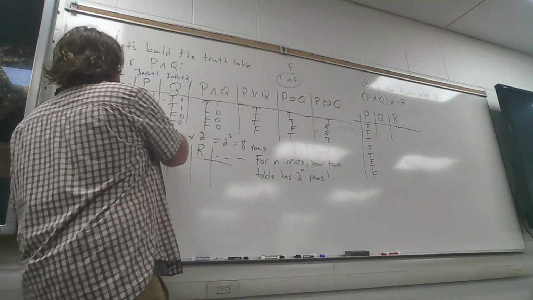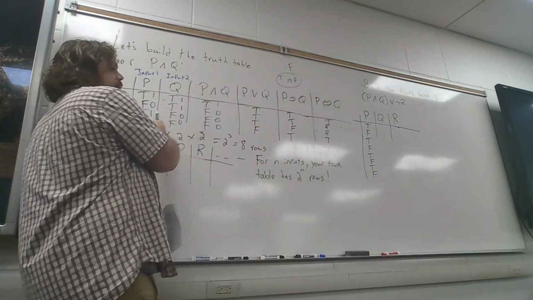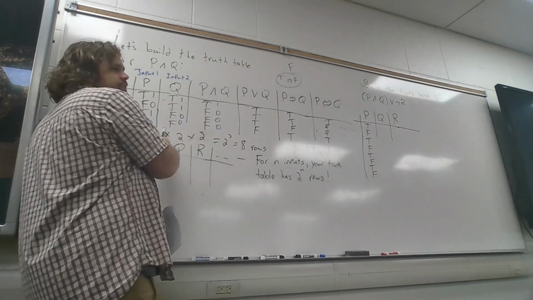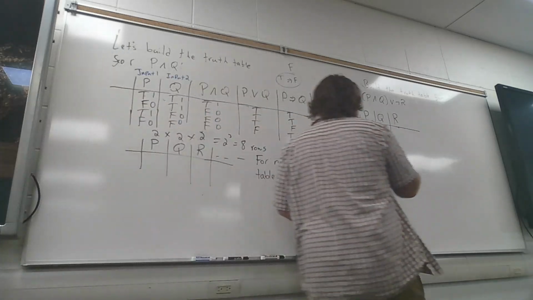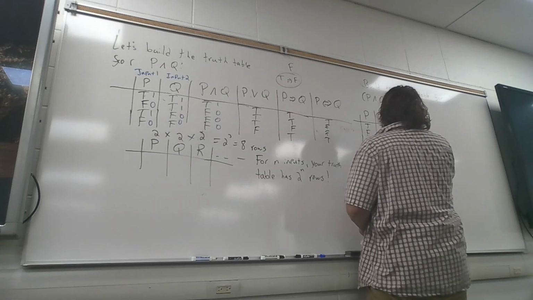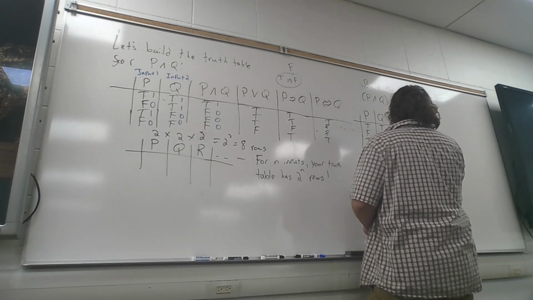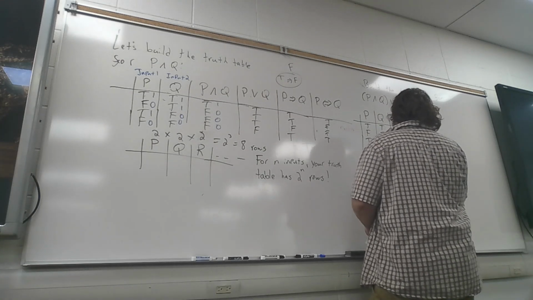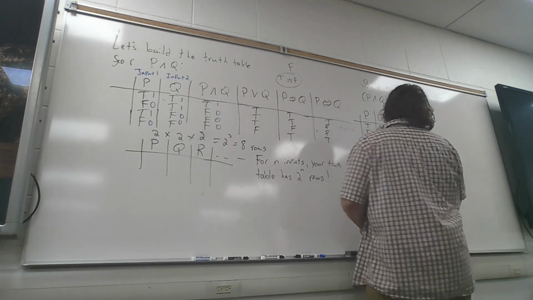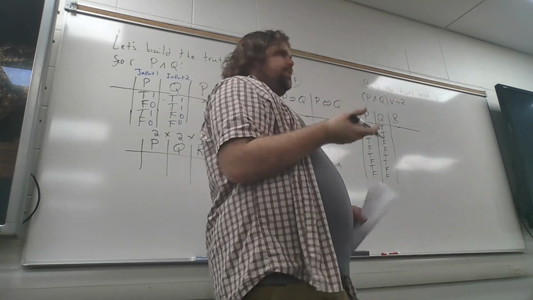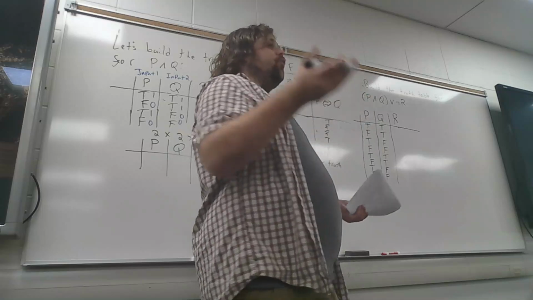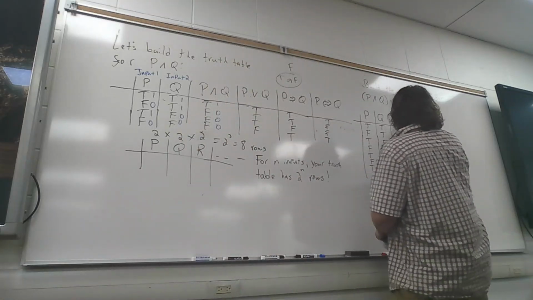I wrote down 1 T, 1 F, 1 T, 1 F. Then I wrote down 2 T's, 2 F's. I'll do the same thing here, I'm going to double it. Like that. And I say, hey, wait a minute, I just doubled the amount. Let's do that again. Now let's write down 4 T's and 4 F's.